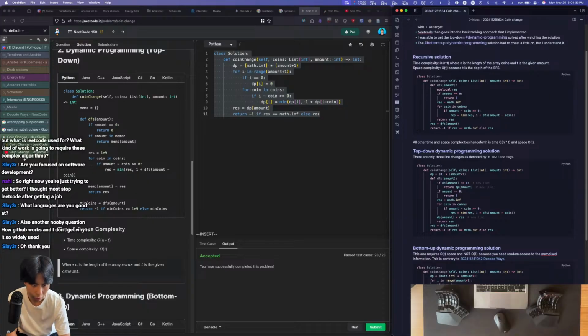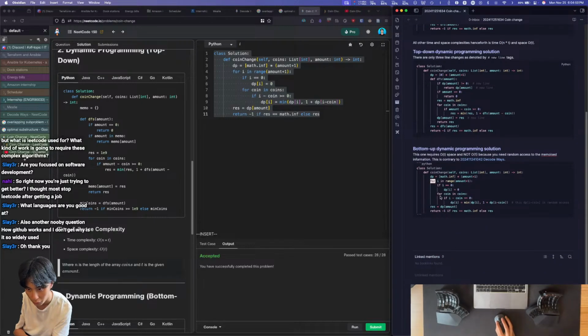Time complexity though: n is the length of the coins array, and t is the given amount, because you try for each, right? So you do like a for loop in a for loop. All right, that makes sense.